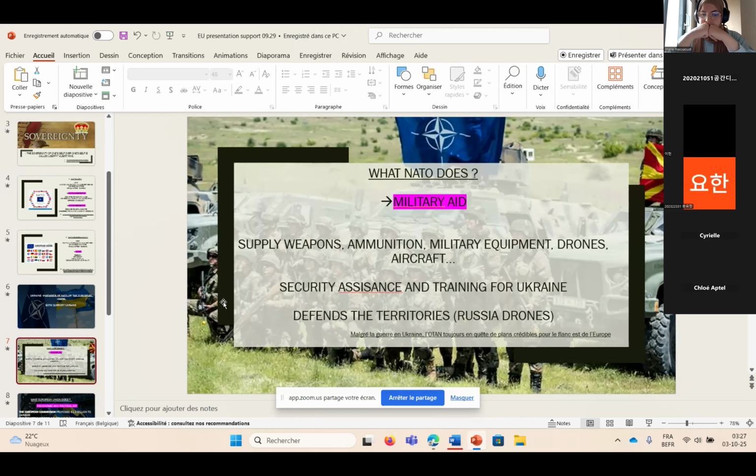NATO defends the territory of all its member countries. For example, a few years ago, a Russian drone crossed the Polish border. NATO announced that it would impose sanctions against Russia in the event of intrusion.